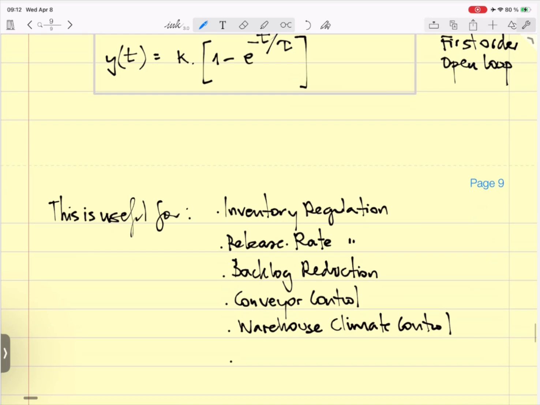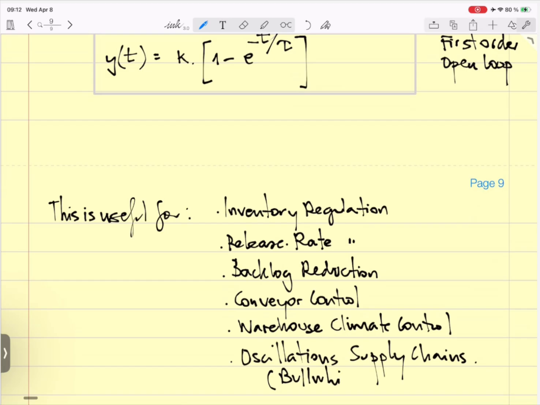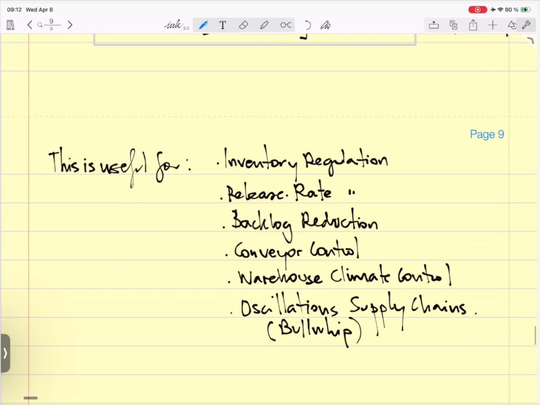This is useful for understanding oscillations in supply chains. Something called the bullwhip effect. Maybe you've heard of it. We will look at that later on. Okay. This is useful for a lot of things.